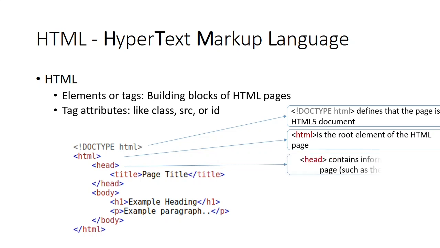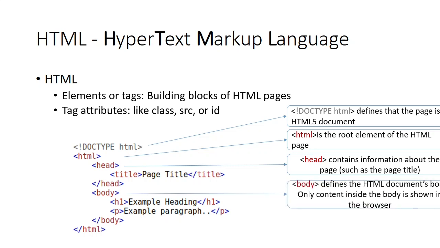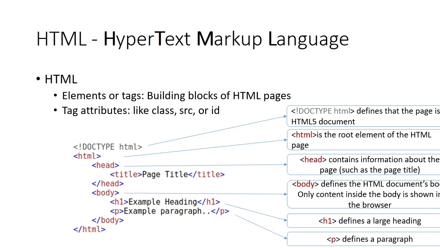So we have the head element, which contains information about the page, like the title. Then we have the body element, which defines the HTML document's body, and only content inside of the body is shown in the browser. Then we also have the H1 tag, which defines a large heading, and the P tag, which defines a paragraph.